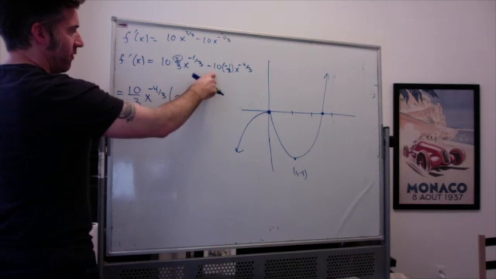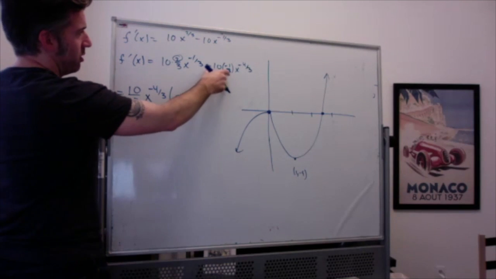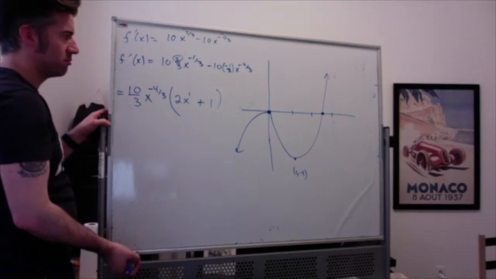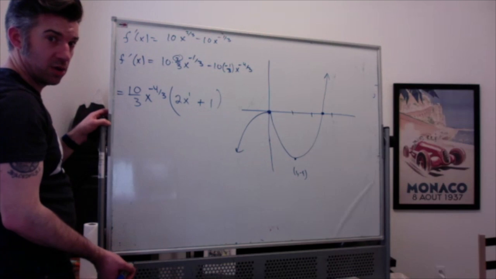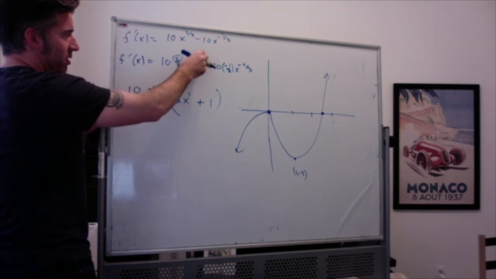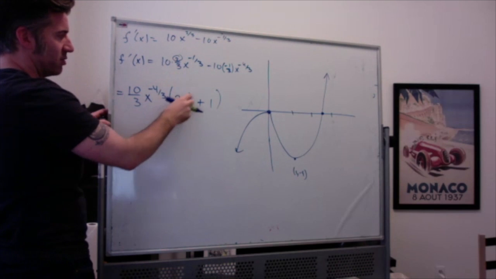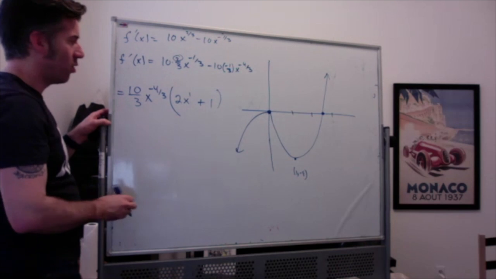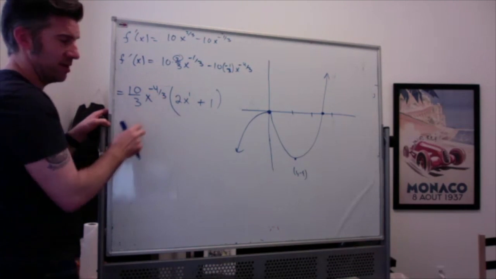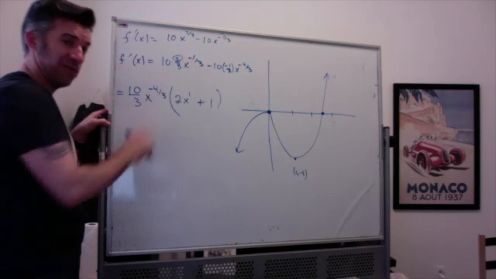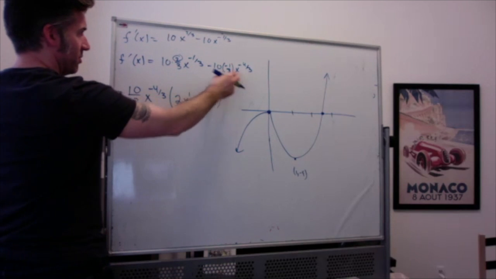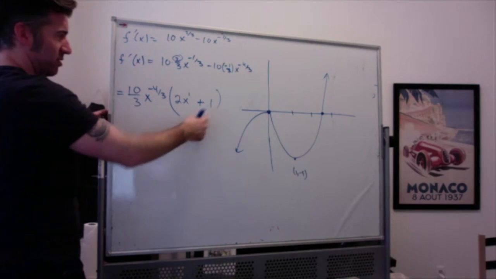And then from here, I'm left with a plus 1. Hopefully that's clear what I'm doing, right? X to the negative 4/3, negative 1/3 minus negative 4/3 gives you a positive 1. Or the way I really think about it is if I multiply this back through, you would add those powers, and negative 4/3 plus 1 is negative 1/3. And then all of this got factored out: the 10/3 and the x to the negative 4/3 and also just a 1.